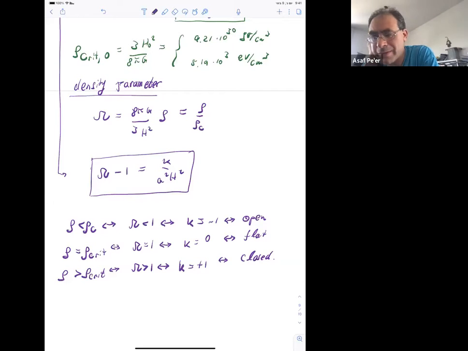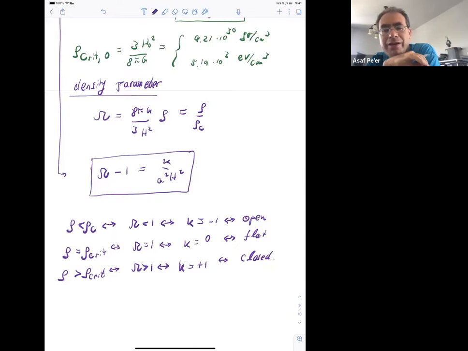So now you can understand why people are making great efforts and spending a huge amount of money trying to measure this density parameter, the density and the critical density.